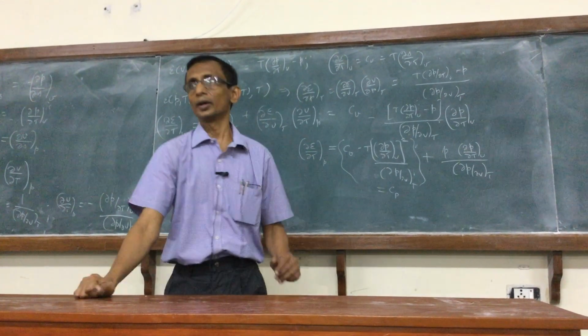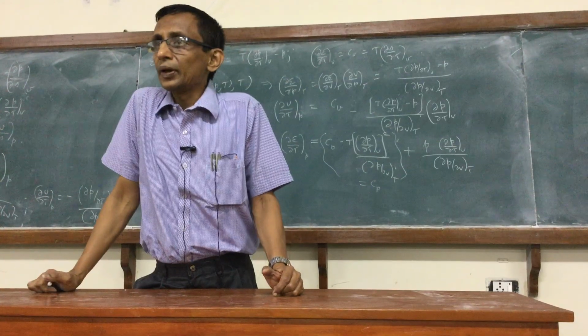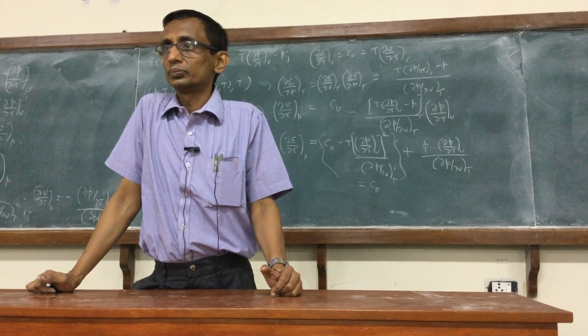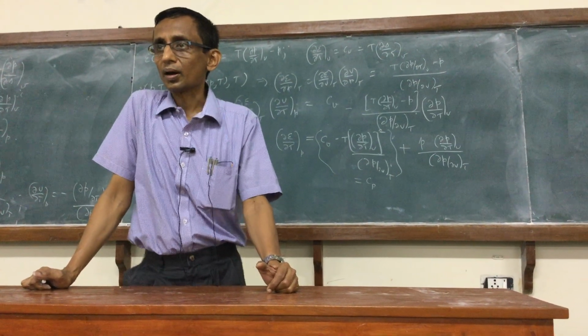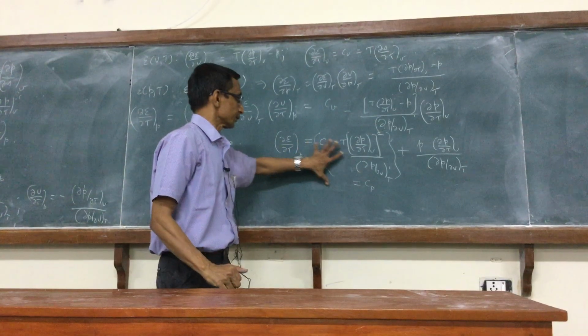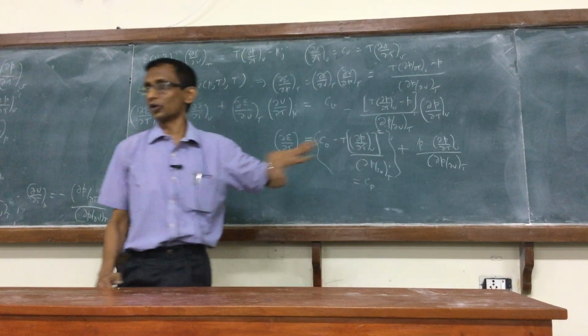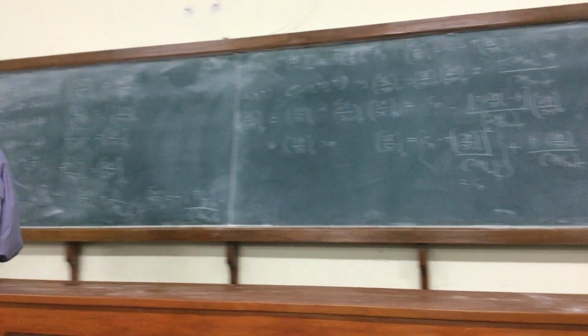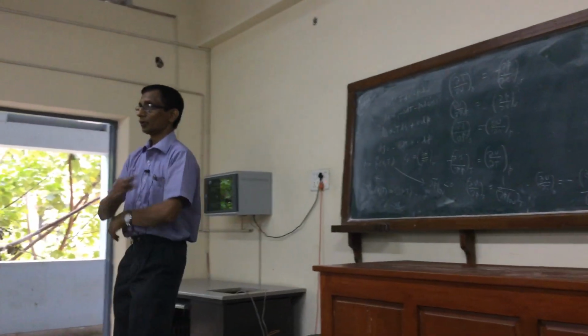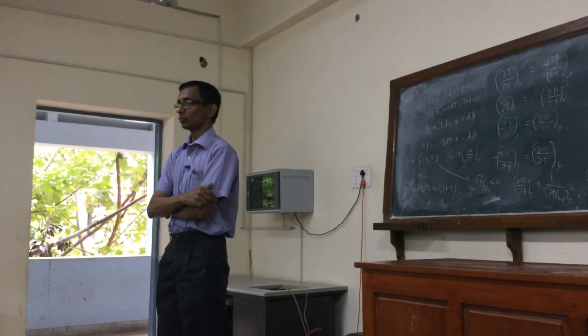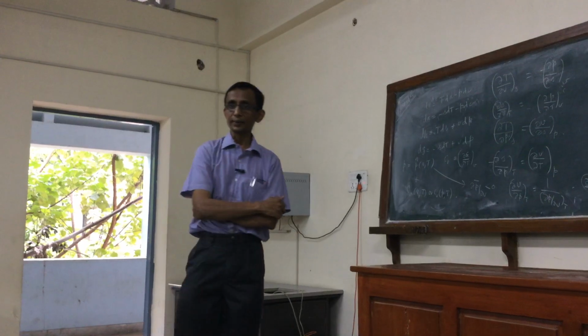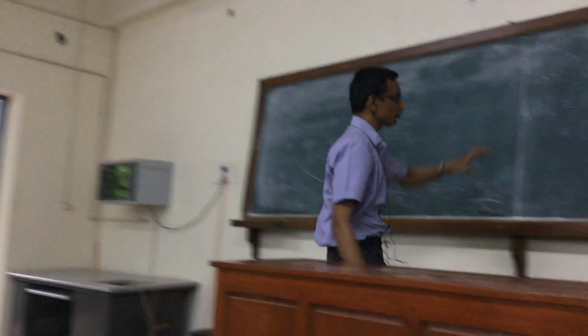Is it going to be greater than Cp or less than Cp? Looking at this, assume this is Cp for now, right? And then tell me, based on what you know, it will be less than Cp.